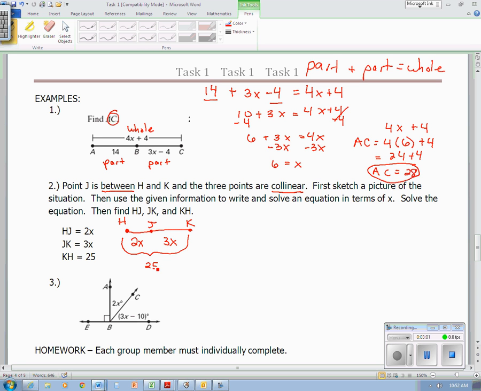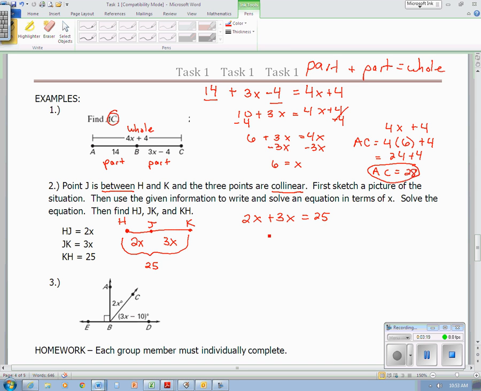Okay, so this time they just didn't give me a picture. Up here they gave me a picture, and down here they did not. So then we're going to follow the same process. So the first thing I need to do is go back up and say part plus part equals whole. So let's set up an equation where 2x plus 3x is all equal to 25.